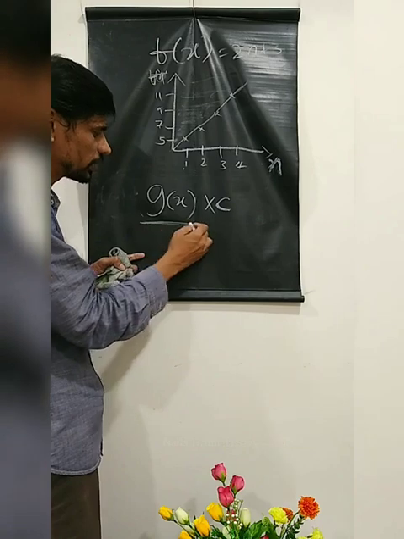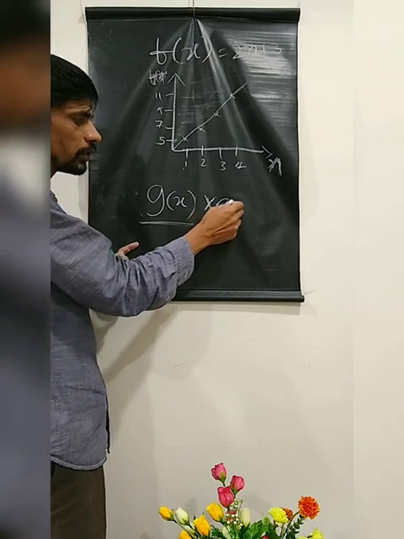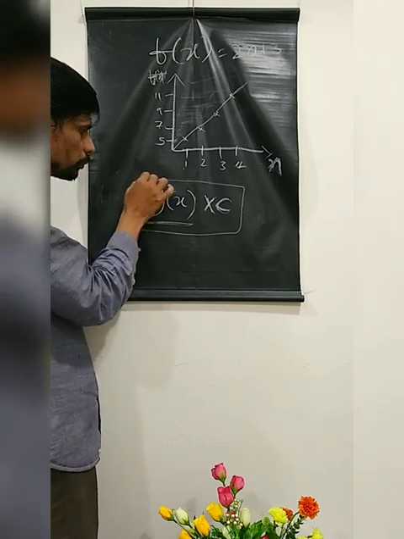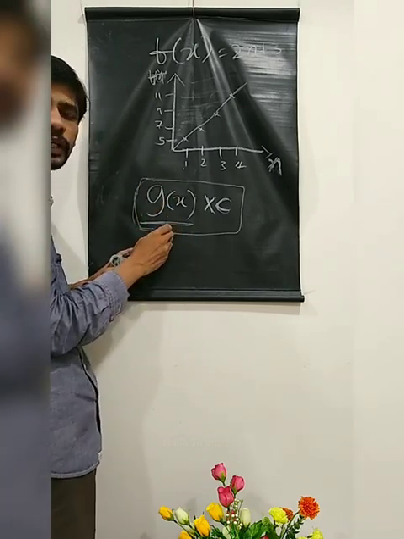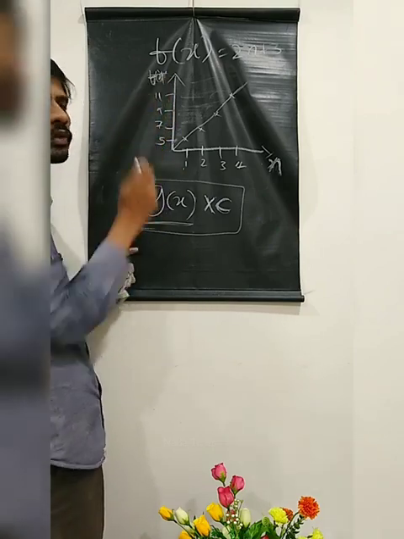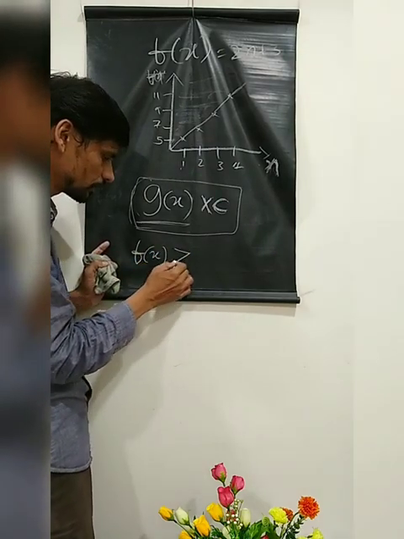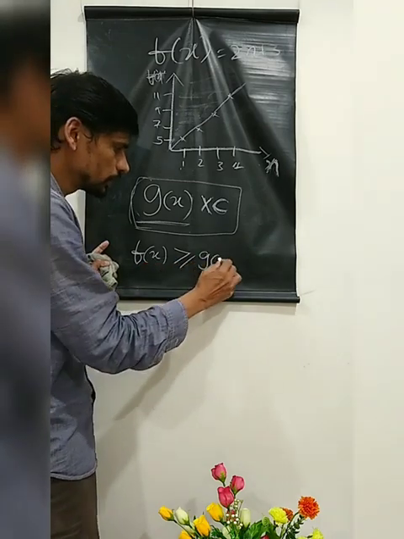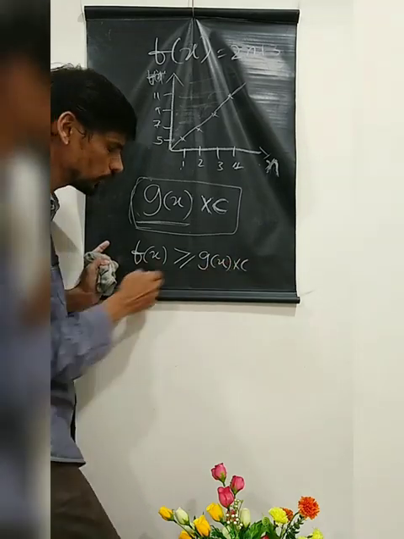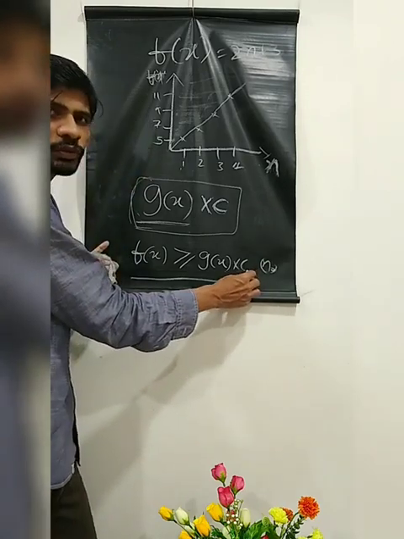The main point is that when you multiply g(x) with a positive constant, the computed value should be less than or equal to f(x). Let me rewrite this: f(x) is greater than or equal to g(x) multiplied by c, for a given n0, if there are positive c and n0 values.